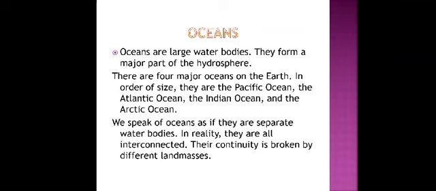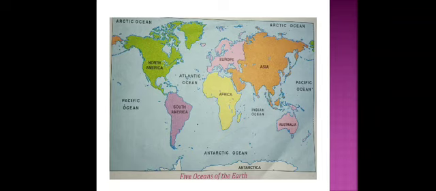Now, oceans are the large water bodies, and oceans form a major part of the hydrosphere. There are four major oceans: Pacific Ocean, Atlantic Ocean, Indian Ocean, and Arctic Ocean. The Pacific Ocean is the largest among all the oceans, and it is almost circular in shape.